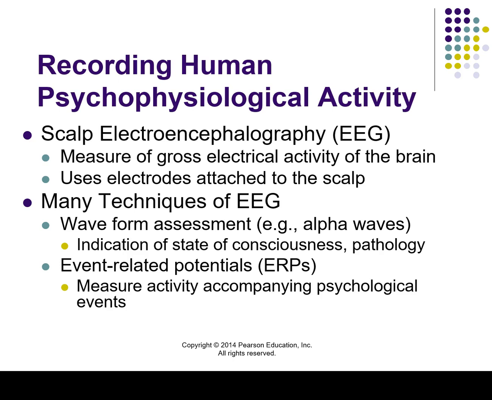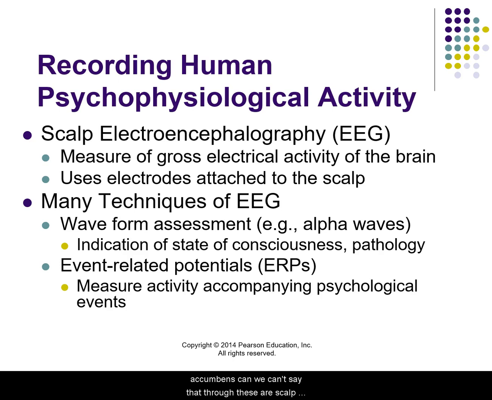There are many different techniques of EEG, many things that they're looking at, but you have to remember the one phrase here: gross electrical activity. So it's very, very hard for us to say that that electrical activity is occurring from the caudate or from the nucleus accumbens.